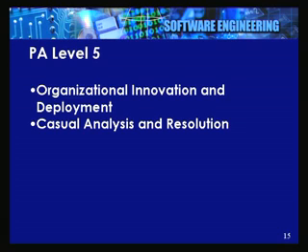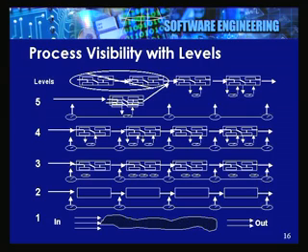So, if you were to now look at this kind of a situation, let us see what kind of visibility comes up with the particular processes. If you go to the slide, you will see that when you go from level 1 to level 4, 5, the process starts out like a true black box, with nothing known about what is happening inside, then we start defining it, then define it at a more granular level, and then here we start using the feedback, and then here we start making the improvements, okay.